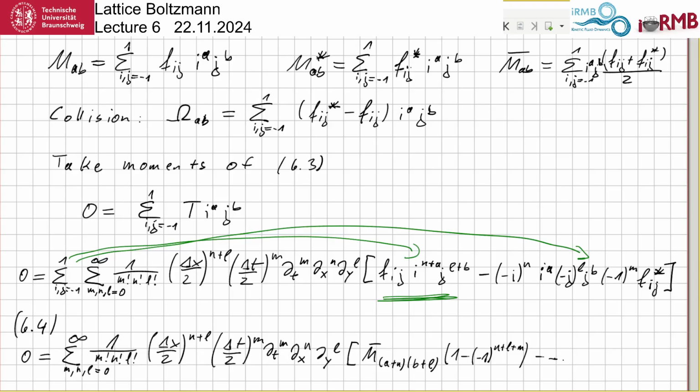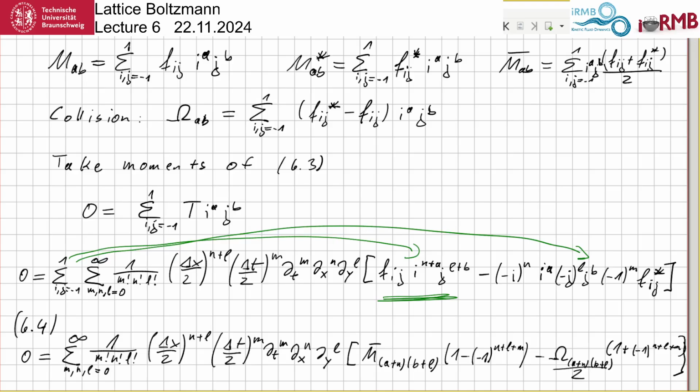The other way will be omega a plus n, b plus L, and they will appear in the opposite case. So it's not 1 minus, it's 1 plus minus 1 by the power of n plus L plus m. The only difference is that in one case we have already divided by 2, now for the omega we have to divide by 2.